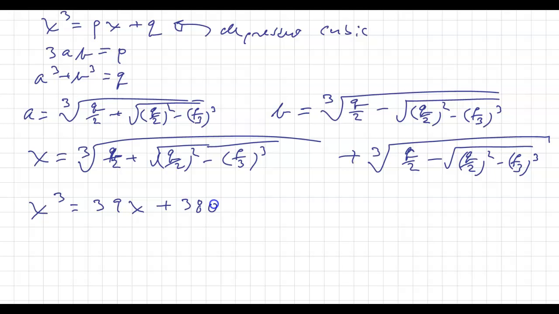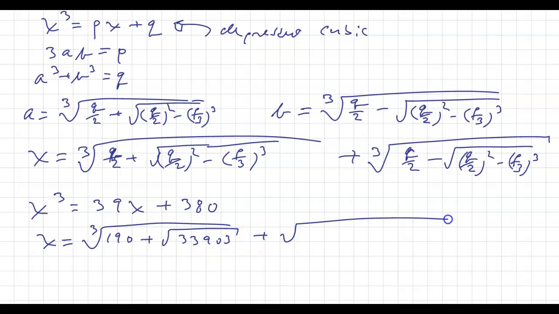And if you run this through the formula, you would get the cube root of 190 plus the square root of 33903, plus the cube root of 190 minus the square root of 33903.